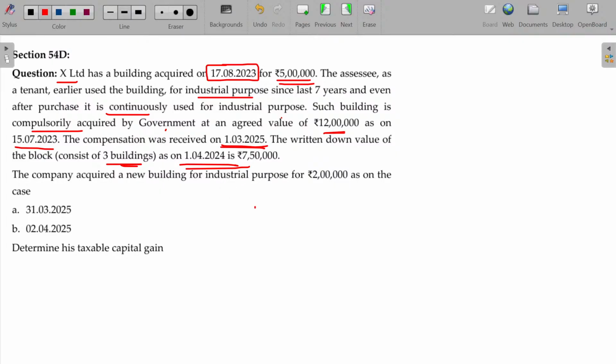You have to calculate opening WDV of the block being 7,50,000. Purchases of new property falling under the same block as per section 32. The company acquired a new building for industrial purpose for rupees 2 lakhs on 31/3/2025.